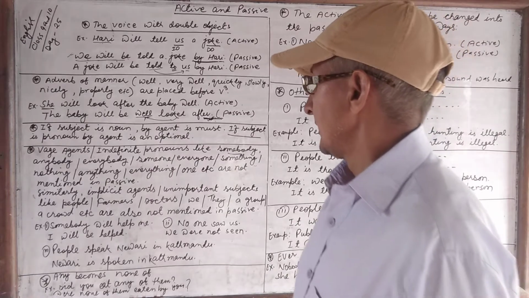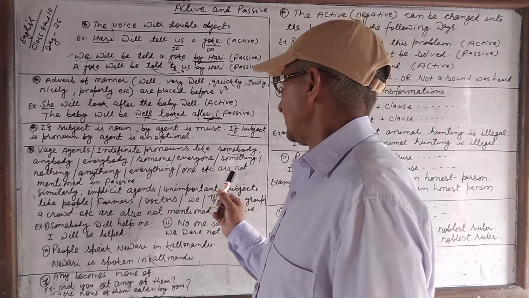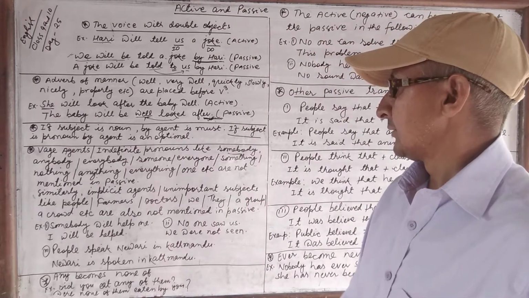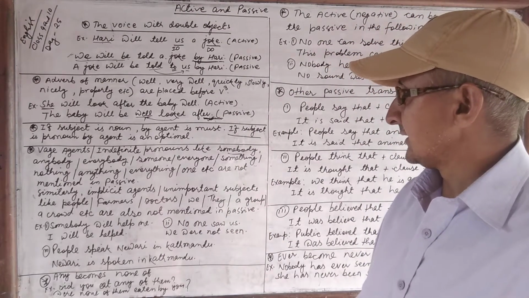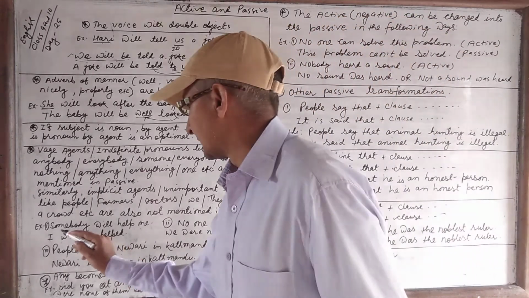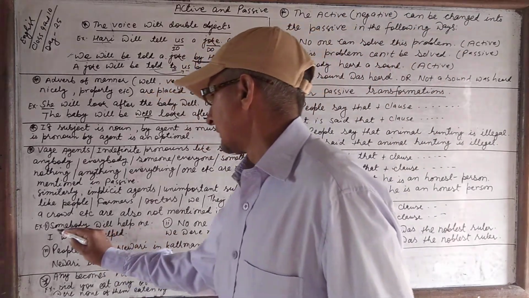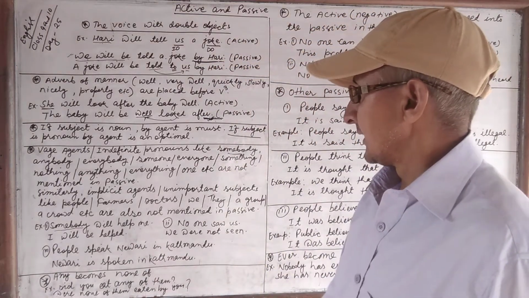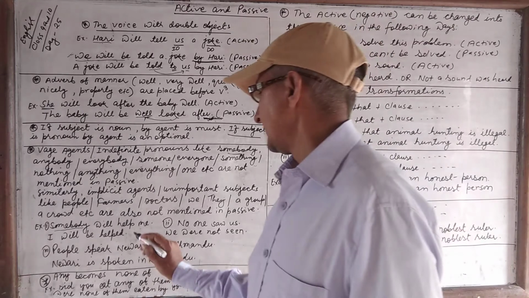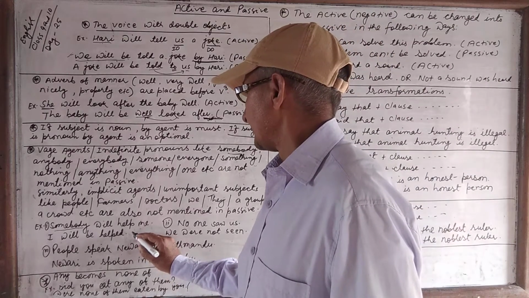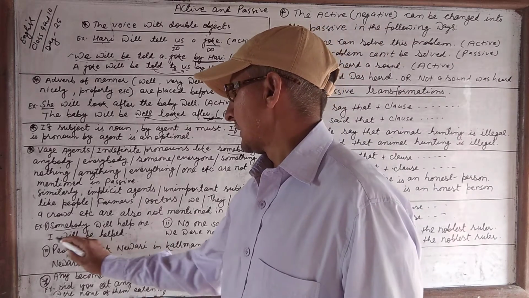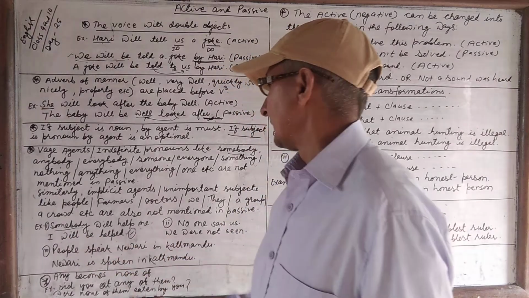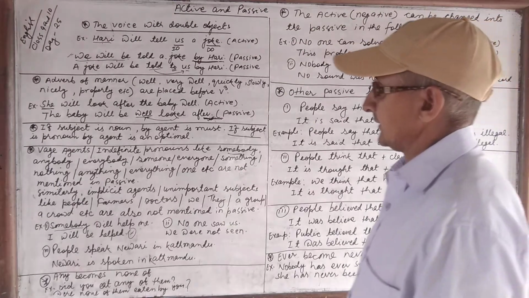So we don't mention them in the passive. Let's see one example. Somebody will help me. Somebody is a vague agent or indefinite pronoun, so we don't write it in the passive. I will be helped.